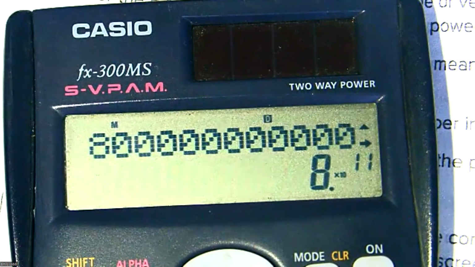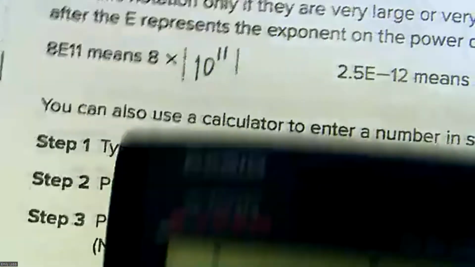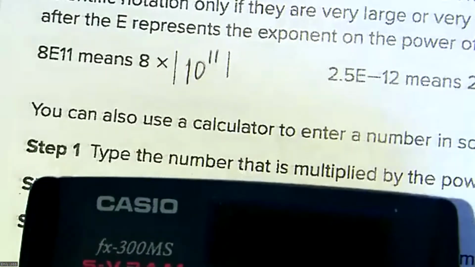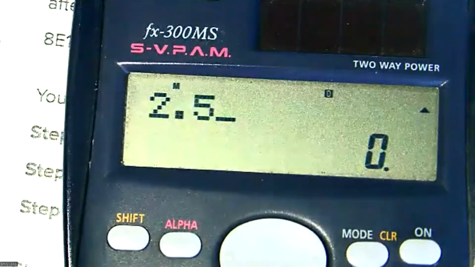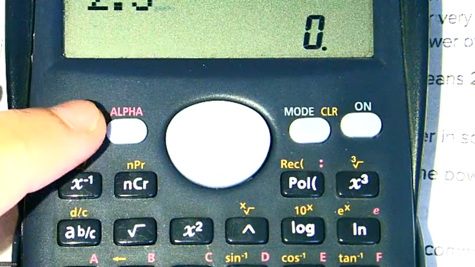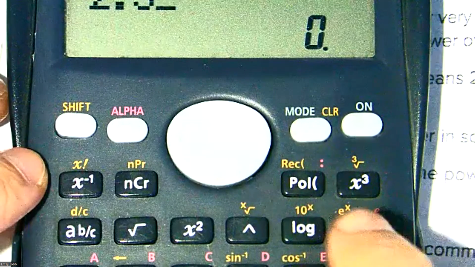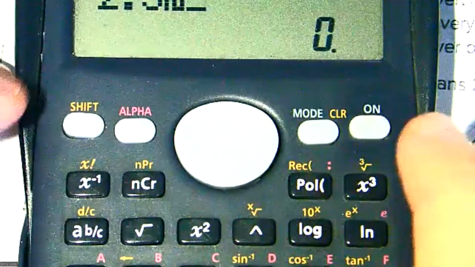And the way that you would do it on your scientific calculator is you could put in 2.5. Now, the second button is like the shift button here. I'm going to hit shift so that, do you see the stuff in yellow is 10 to something.